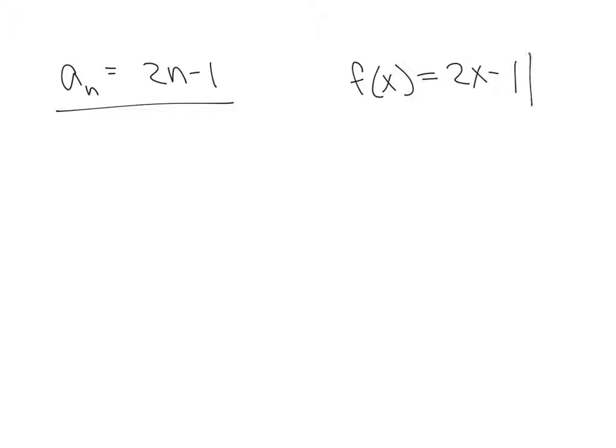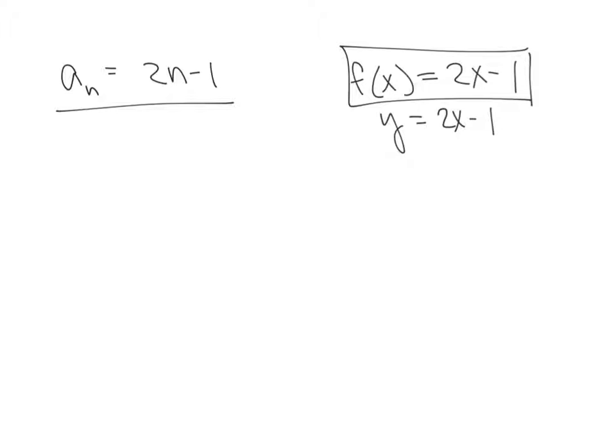I mean, you're used to seeing things like that, right? This over here is the exact same thing as this over here. It's just written this way to show that we're dealing with sequences. Alright, so nothing really weird or goofy here. It's just the way that they're writing it.